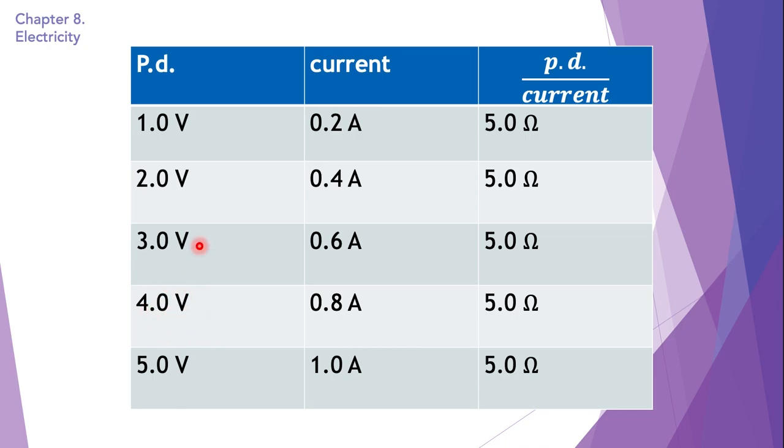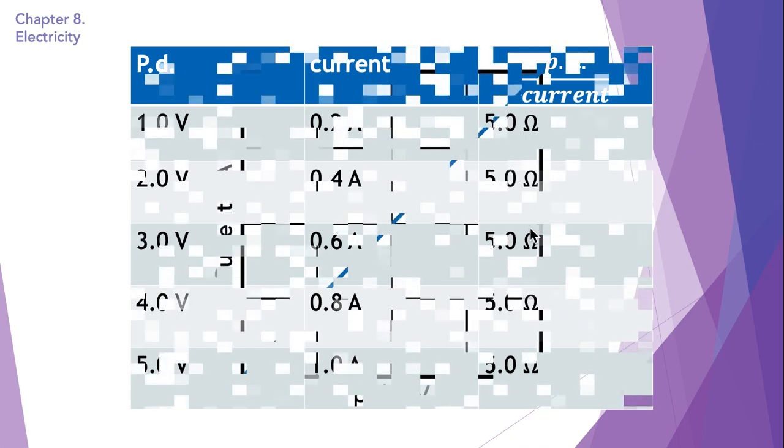So as you can see, as the potential difference increases, the current also increases, but the resistance remains the same. Of course, if we divide 3 by 0.6, we will get 5. This is how the resistance is checked. These results can also be shown using a graph.